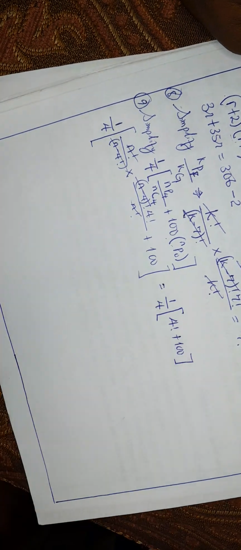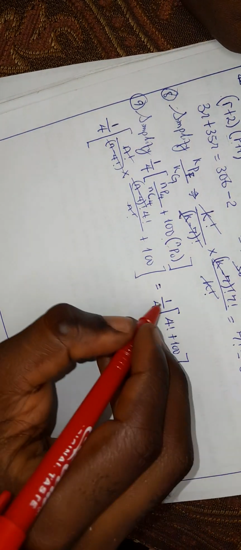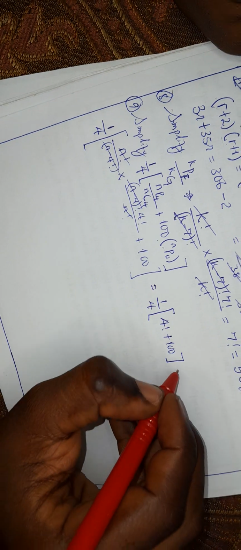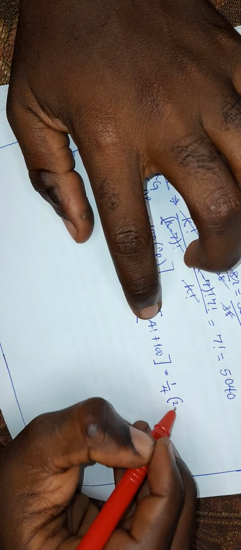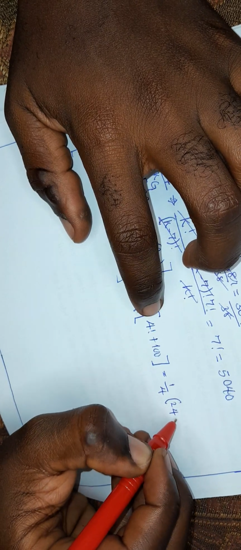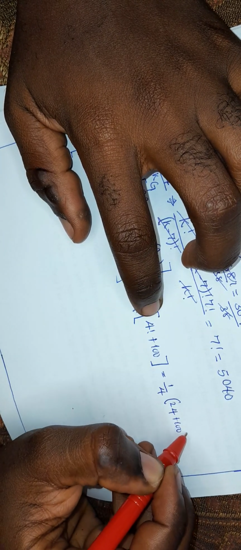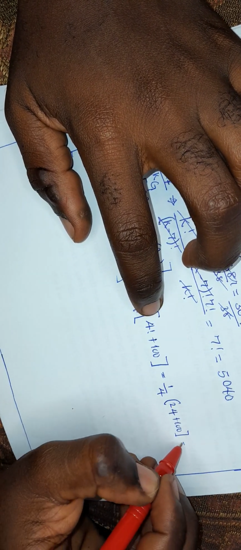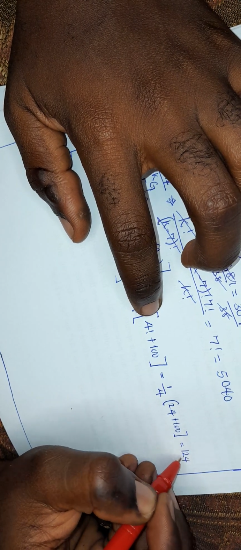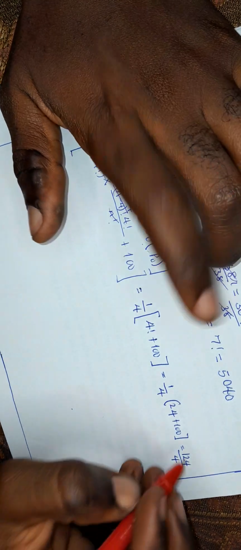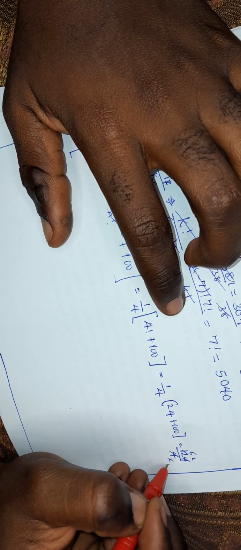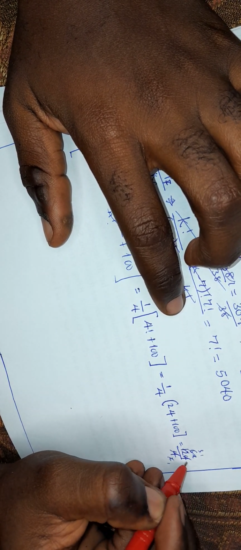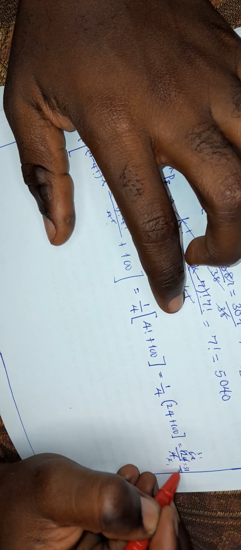I'll just take that one as question 9. This is not actually the question 10. So there's 1 over 4, and 4 factorial is 24 plus 100. That's 124 over 4, which equals 31.